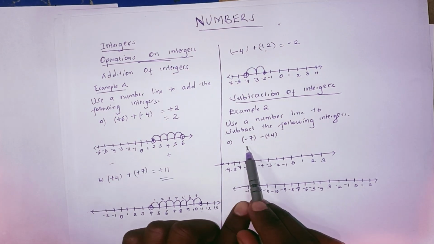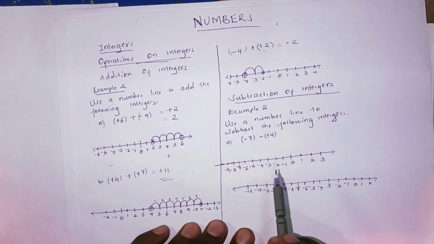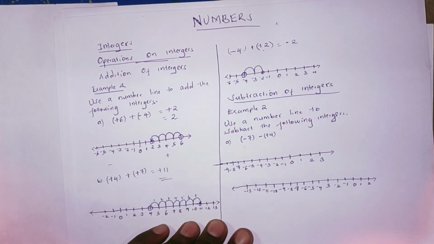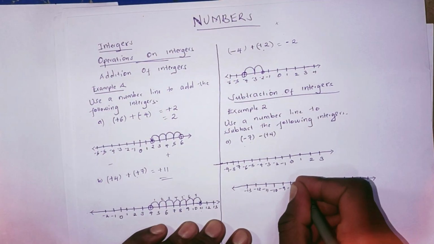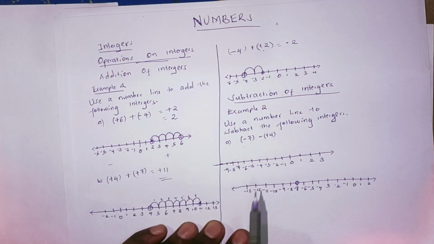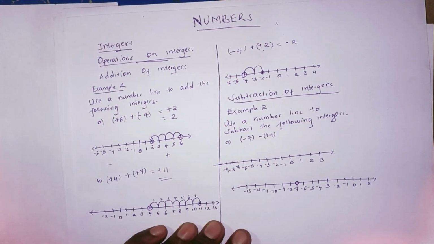When you are told negative 7 minus positive 4, what exactly are you supposed to do? I'll stand at negative 7. Then I'll ask myself, negative times positive. I'll get a negative. And what did I say about the negative?